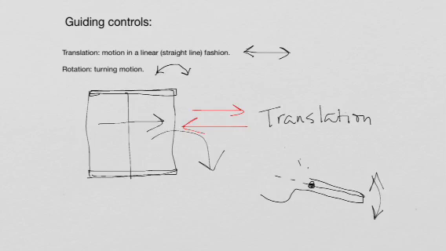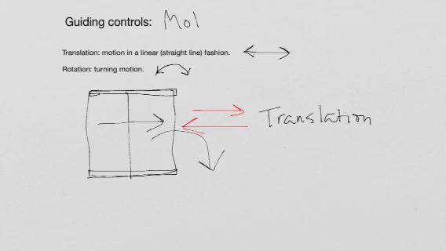So when we talk about guiding control, as soon as you see that, your mind should automatically think about the different types of motion. Guiding control forces an object to move either by translation or by rotation. If I look at the doorknob, the hole in the door that the actual knob fits through forces it to only be able to move in a rotational manner.